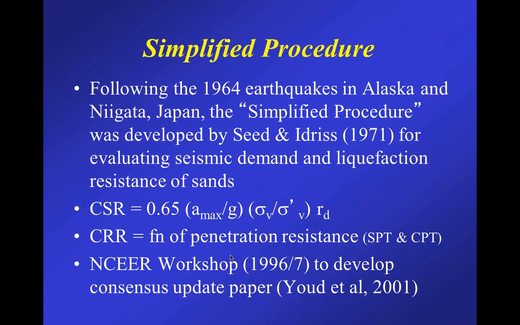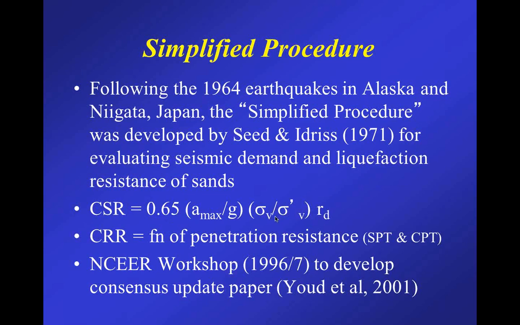And for seismic demand, they came up with this term cyclic stress ratio. And so they came up with a simplified form of how to estimate the cyclic stress ratio induced by the earthquake. And you can see it's a function of the maximum surface acceleration normalized by gravity, so A max over G. And they took 0.65 of that maximum value.